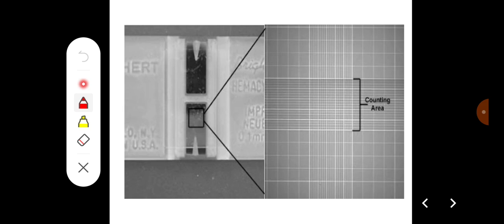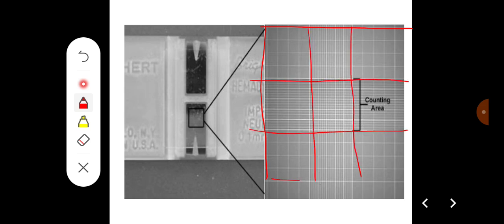This is how the Neubauer's ruled area is seen under the microscope. You can see the Neubauer's ruled area, which is square in shape and measures around 3 into 3 square millimeters in length and breadth. This area is divided into 9 equal parts, and there are peripheral corner squares.